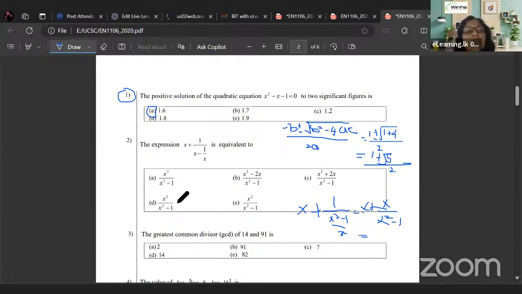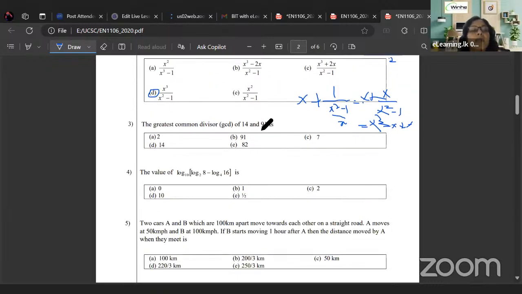Therefore, the answer should be x cube minus 6 plus 6 in the numerator. Then x plus 6 minus 6 goes away, and only x cube is left on top. So x cube divided by x squared minus 1 is the answer. Right? Alright, then question number 3, the greatest common divisor of 14 and 91.